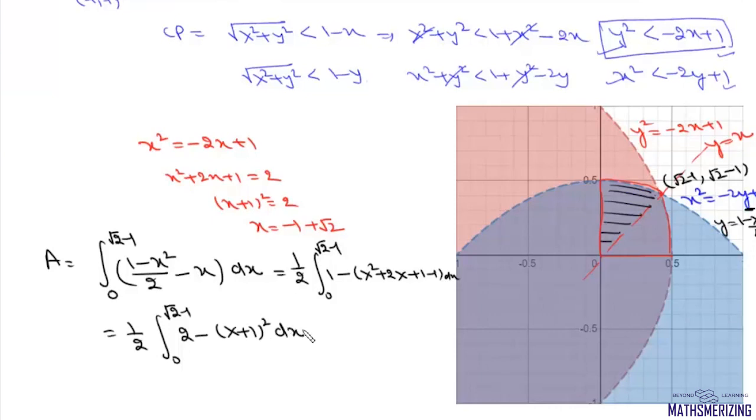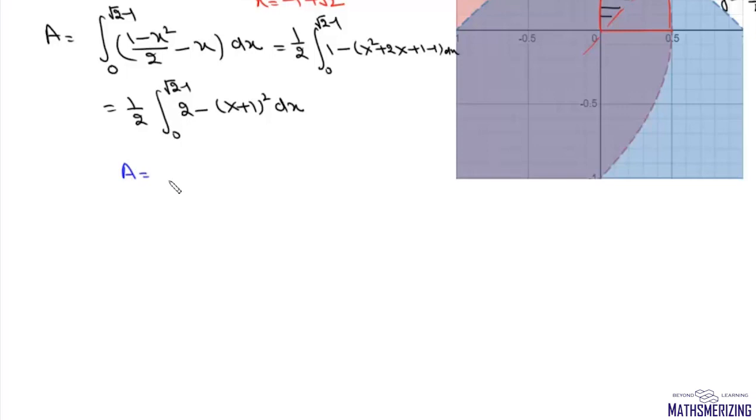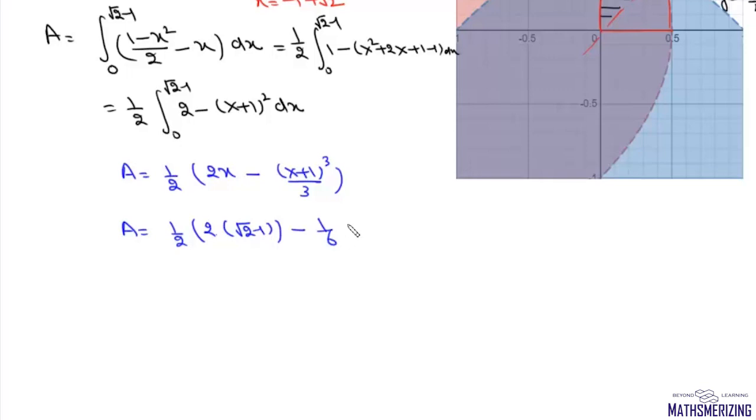Now we'll integrate it. So we'll write 1 upon 2 and then here it will be 2x minus x plus 1 whole cube upon 3. So this area will be 1 upon 2 into 2 and then what's the value of x? x is root 2 minus 1 and then minus 1 by 6.